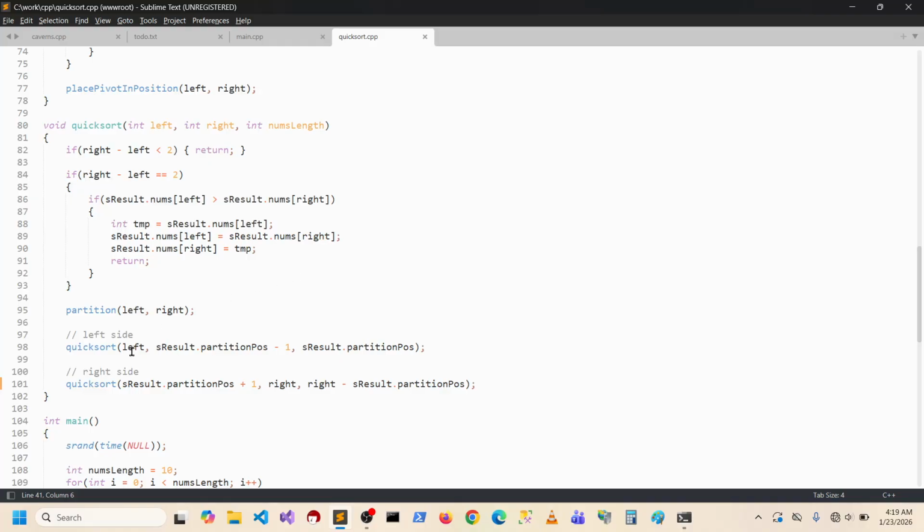Then it takes left. I don't think that should be left. Shouldn't that be 0?